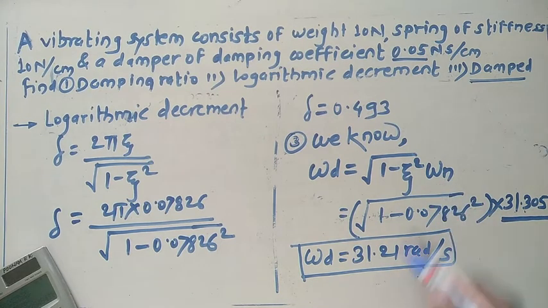In case of natural frequency, you see the reduction occurs here, because some losses take place in the system. So the frequency is decreased here. So the natural frequency corresponding to damped vibrations is nothing but omega d equals to 31.21 radian per second.